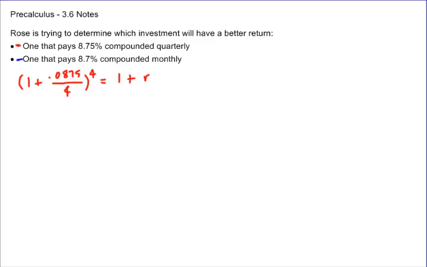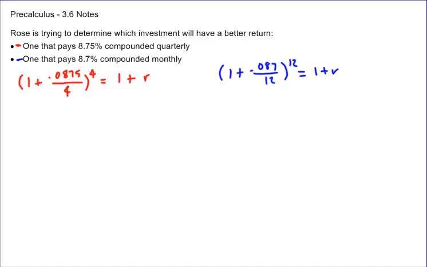I'll just go ahead and call it R. The second guy then is going to set up the same way, 1 plus, but not 0.0875, but just 0.087. And this one is compounded monthly, so he's going to be divided by 12, and he's going to be to the 12th power. And he also is going to equal 1 plus the rate.